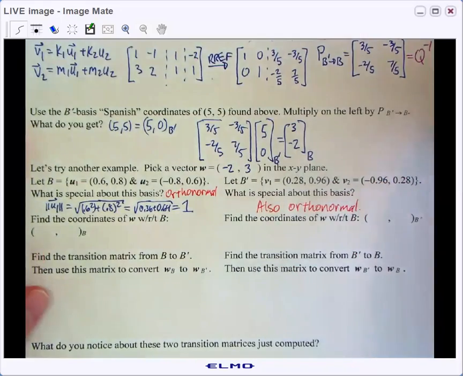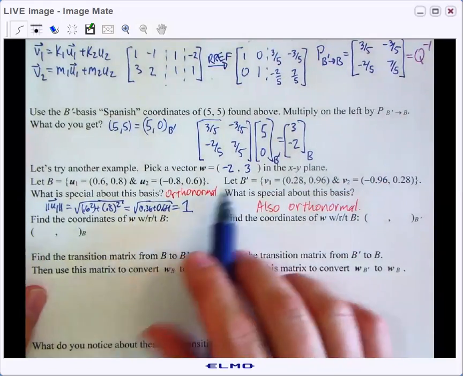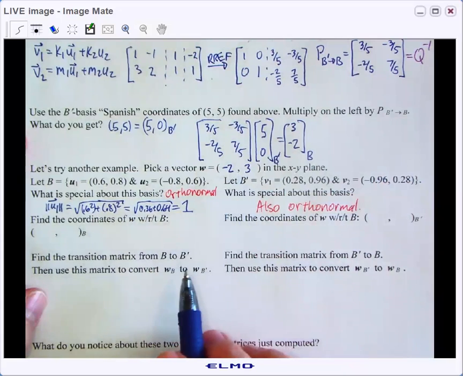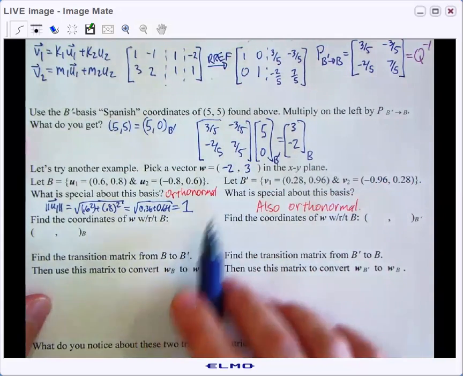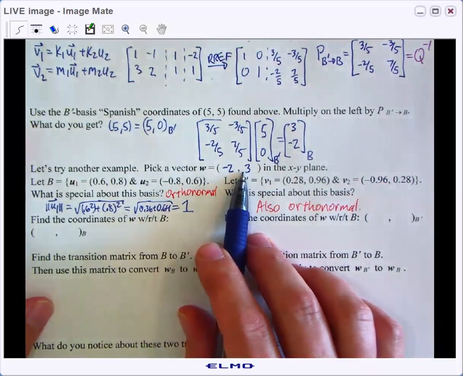Okay. Now, let's find the coordinates of the W vector, which you just made up in IJ coordinates. Before we can create an Italian to Spanish dictionary or vice versa, Spanish to Italian dictionary, we need to convert to our foreign language, our non-standard basis.